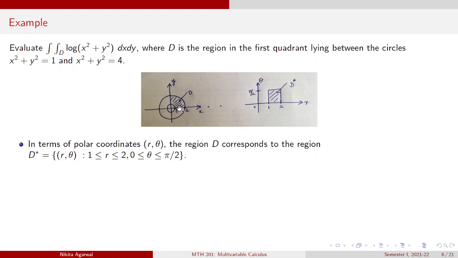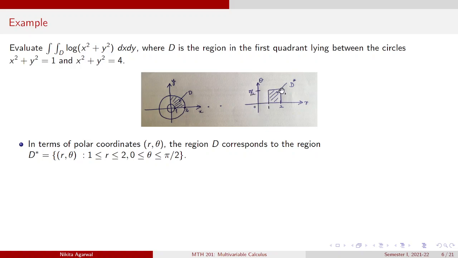Theta goes from 0 to pi by 2, right? This is your range. So it's a very simple description in r theta coordinates. And if you plot it in r theta coordinates, you just get a rectangle, right? Because if this is your r axis, this is your theta axis, r goes from 1 to 2 and theta goes from 0 to pi by 2.